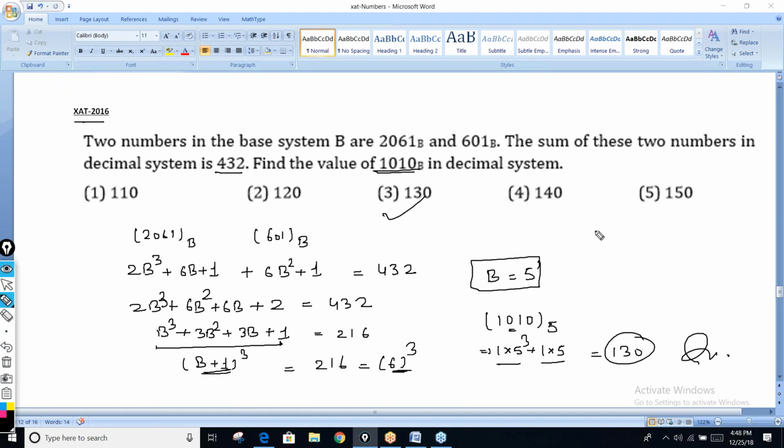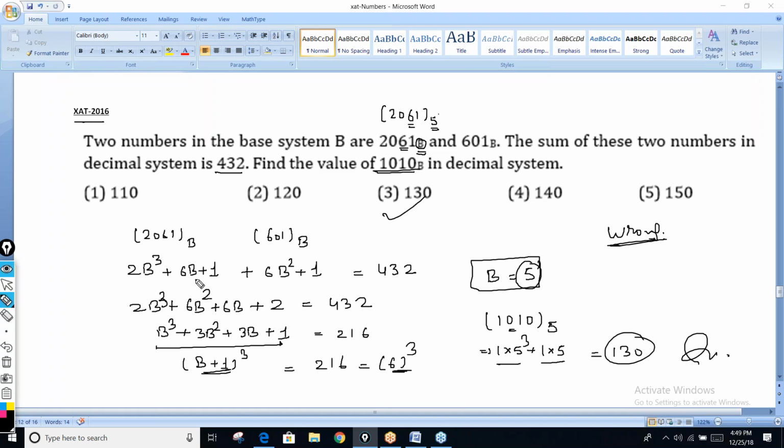Okay, simple. But actually, this question has a technical problem. This question is actually wrong technically. Why? Because if you are taking the base as 5, you cannot write the digit 6. But Z actually made a mistake while making this question. They did not think that this question is technically wrong, because if you take the base as 5, you cannot write 6 here.